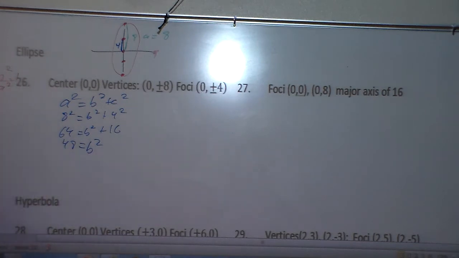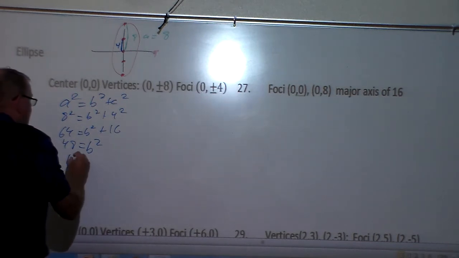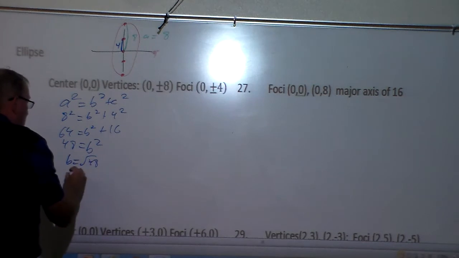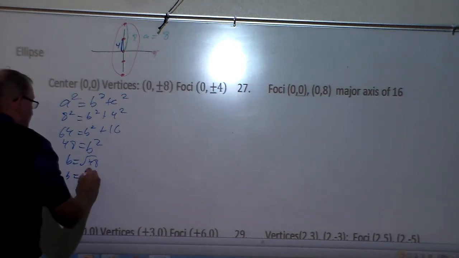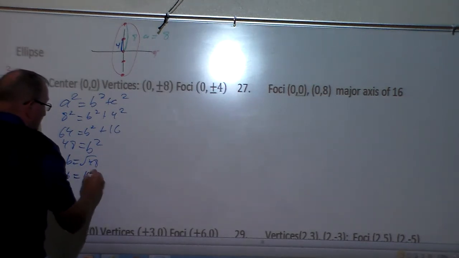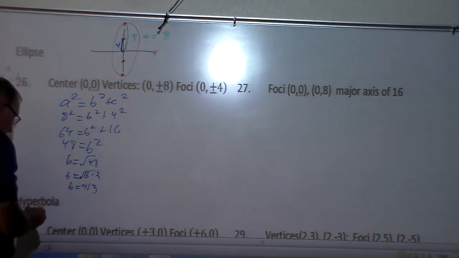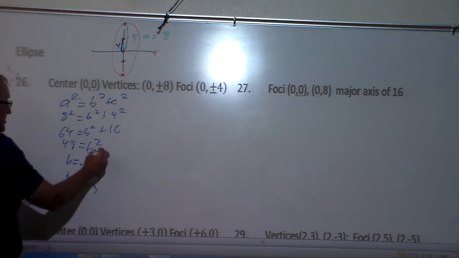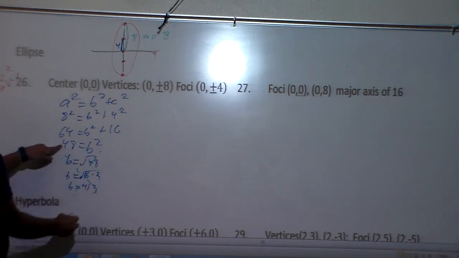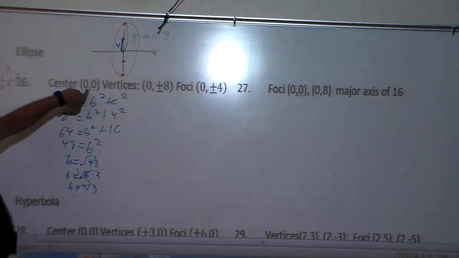Now, y'all, if I wanted to, I could say that B is the square root of that, which is 16 times 3, or 4 square roots of 3, but I really don't need this particular information. All I really need is the 48, because I know the center is 0, 0.